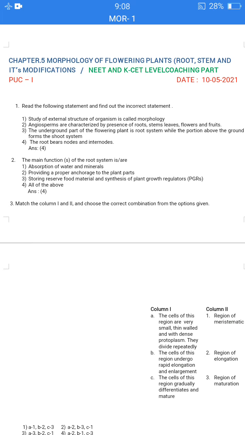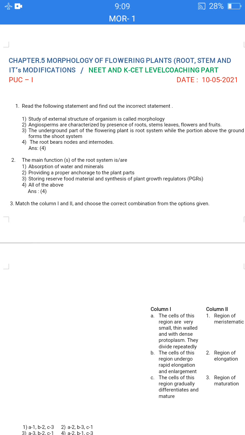The main function of the root system is, let us see options. 1. Absorption of water and minerals. 2. Providing proper anchorage to the plant parts. 3.